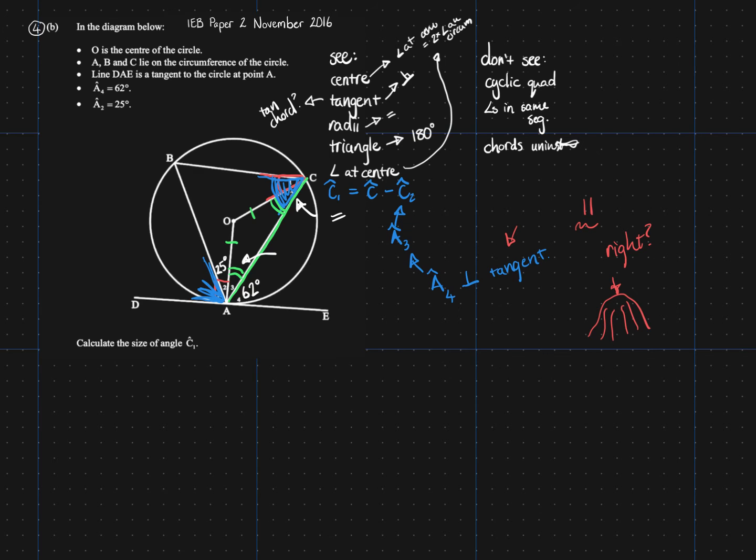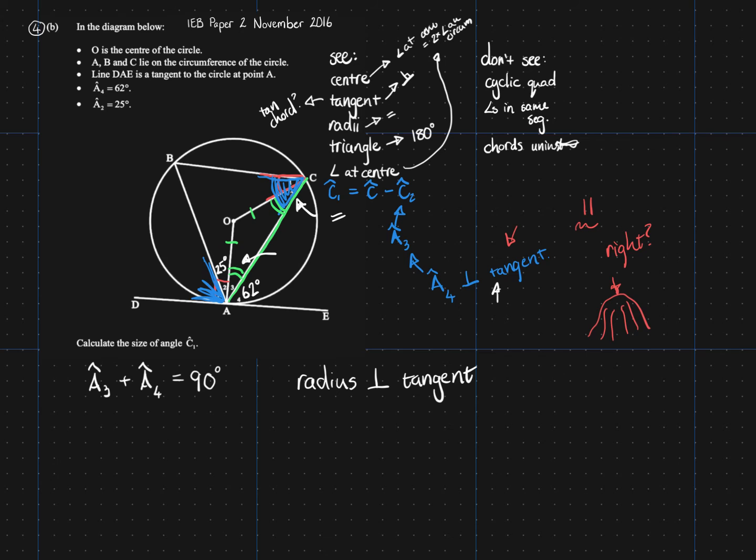So, this step over here, I started by saying that A3 plus A4 is equal to 90 degrees. And how do I know that? It's because the radius is perpendicular to the tangent. Okay.